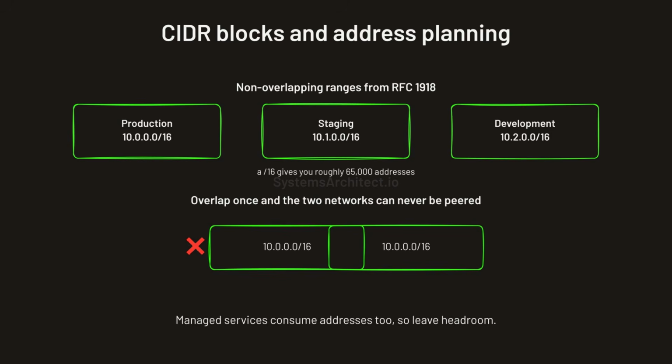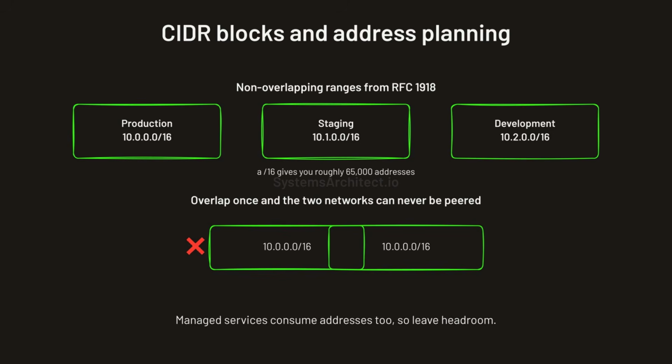A VPC is defined by a CIDR block. CIDR is classless interdomain routing, the notation used to write an address range. A range like 10.0.0.0/16 gives you roughly 65,000 addresses. Pick private ranges from RFC 1918.